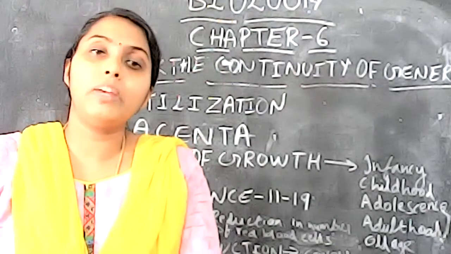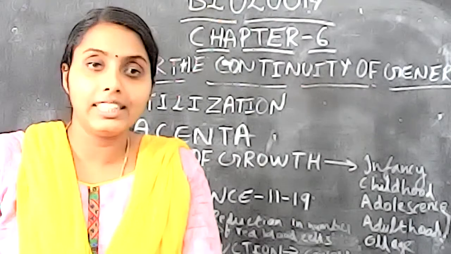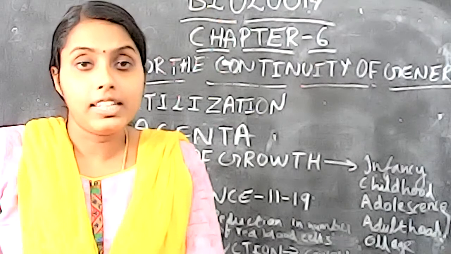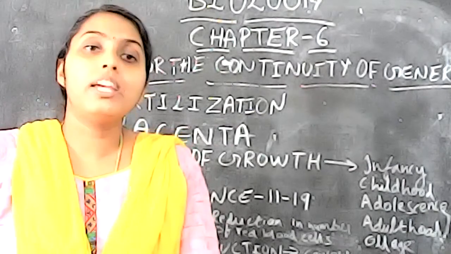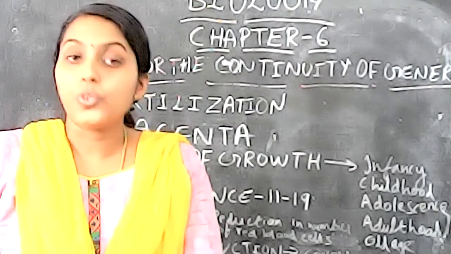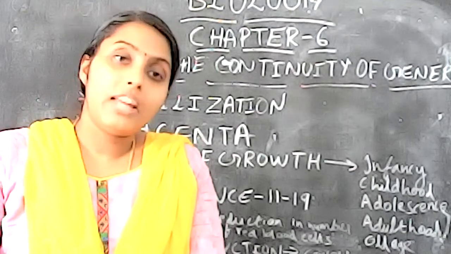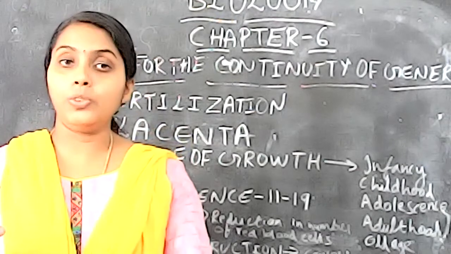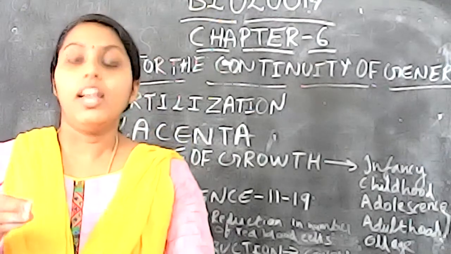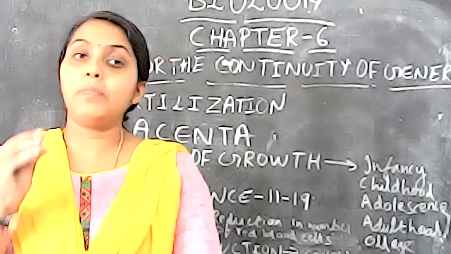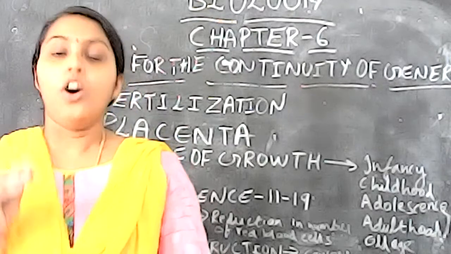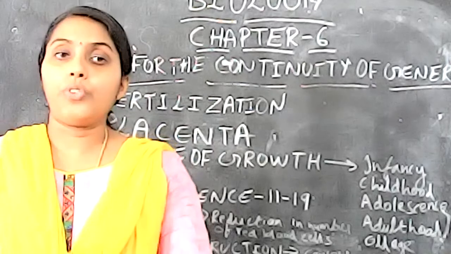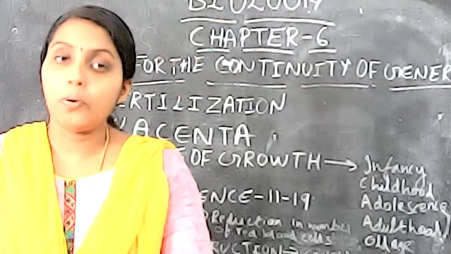The single cell, which can divide and multiply by itself, becomes two cells, then four, then eight, and the division continues. Finally it is converted into an embryo, and that embryo gets attached to the inner wall of the uterus, the endometrium.